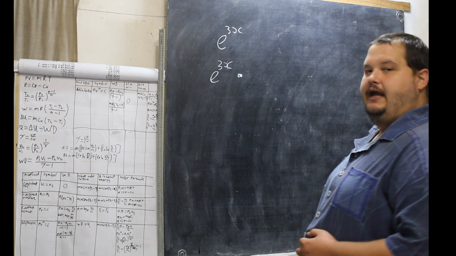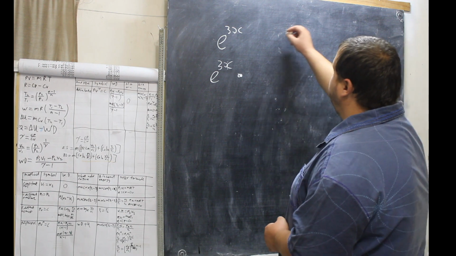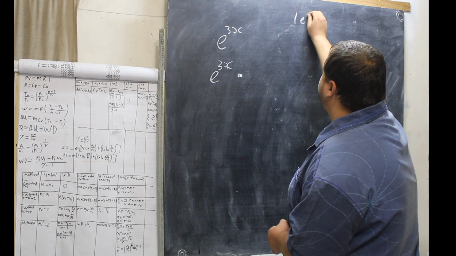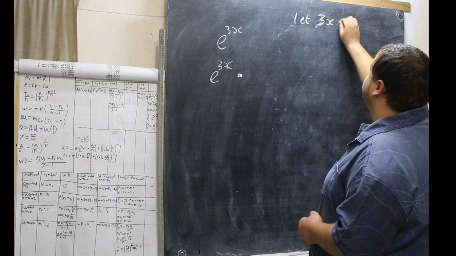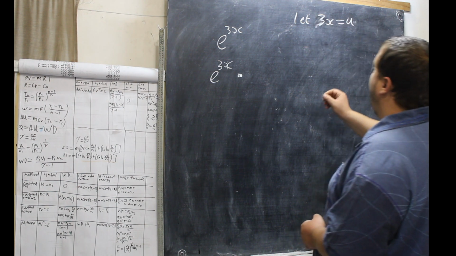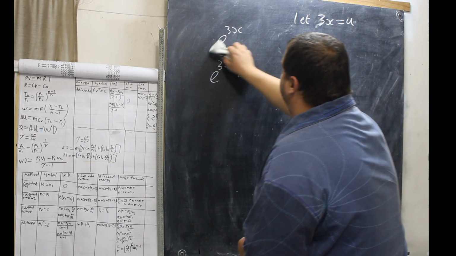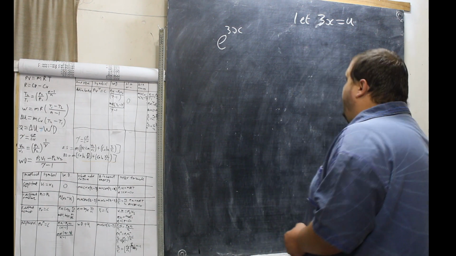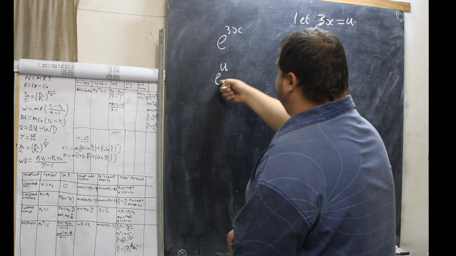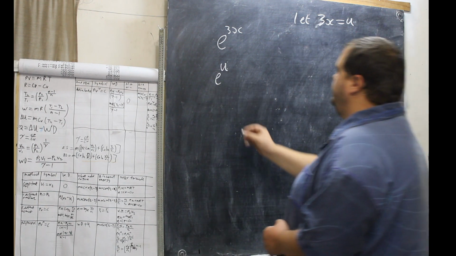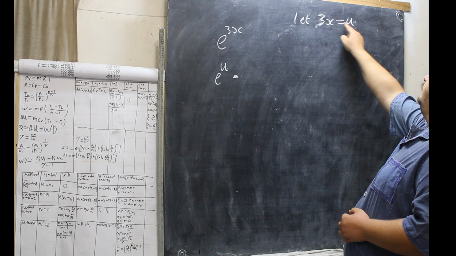So what you can do for this is u substitution, which means that you can say let 3x equal u. What we have here is e to the u. So e to the u stays e to the u, multiplied by the derivative of u.